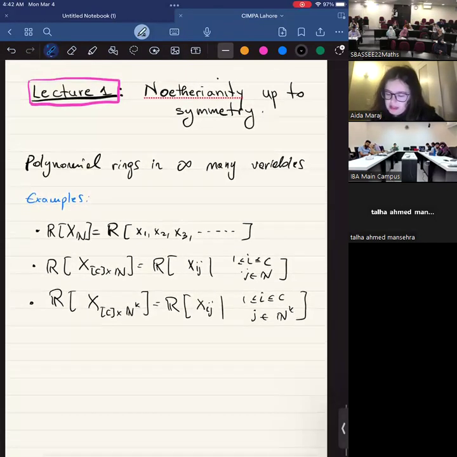All these are examples of polynomial rings in infinitely many variables that I'll mention throughout the talk.